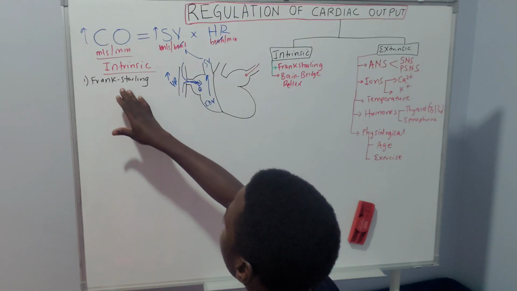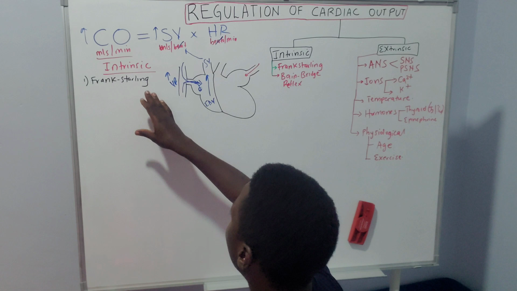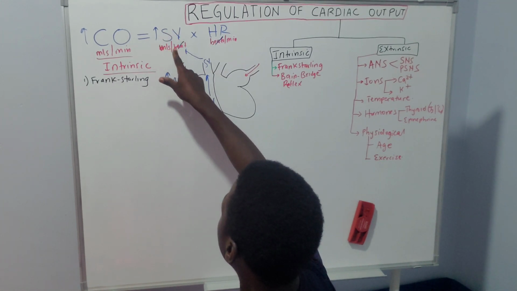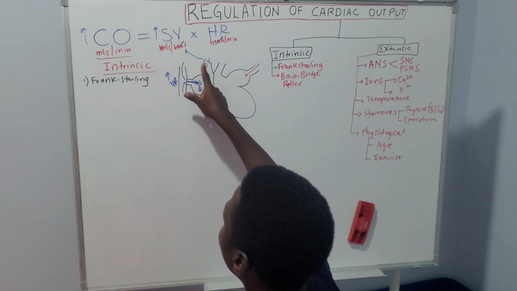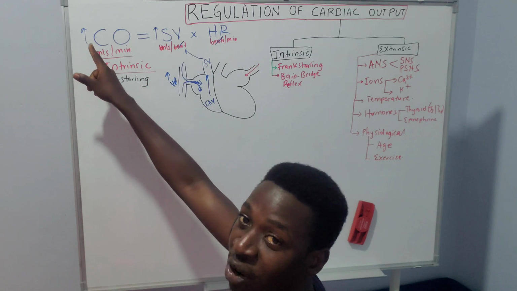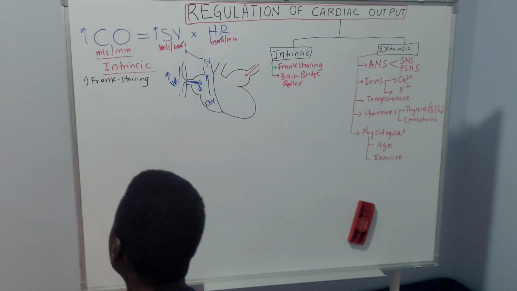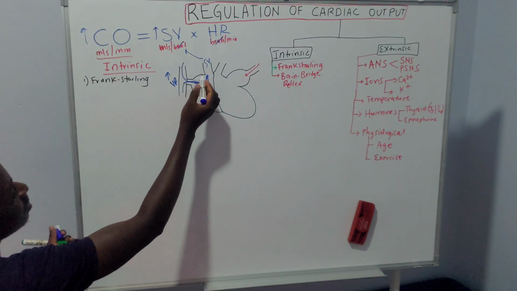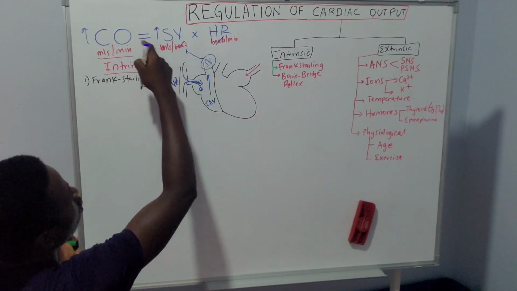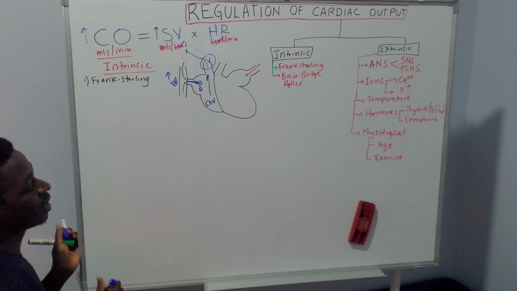So you realize that from the Frank-Starling law, the biggest change we are affecting is the stroke volume, and it's the stroke volume that directly affects the cardiac output. So if anything is going to modulate the stroke volume, it will directly modulate the cardiac output.